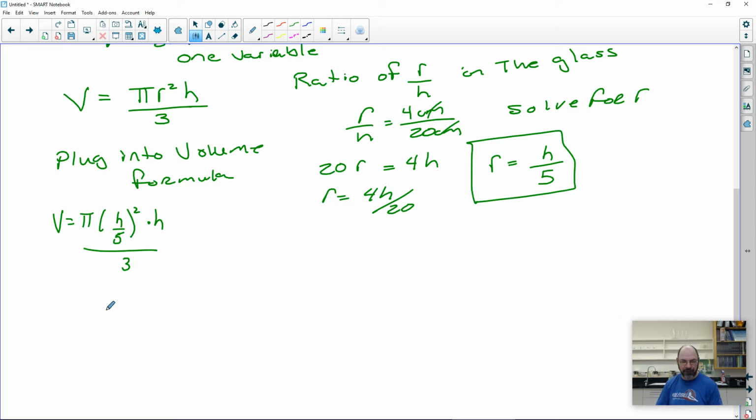Now we just got to do some algebra here. Okay, so pi h squared over 25, times another h divided by 3. Okay, let's bring this over here to simplify. So we've got pi h cubed over 25 divided by 3.